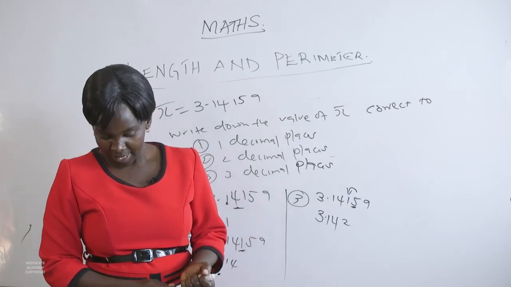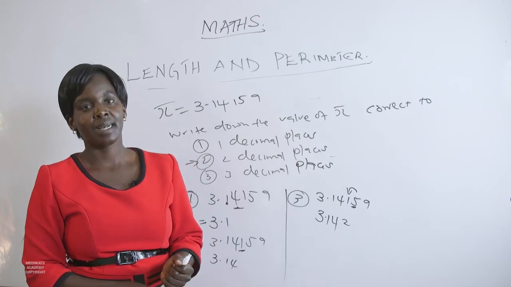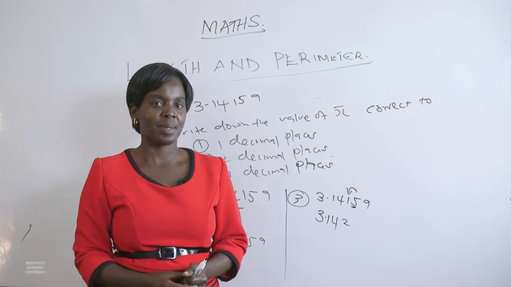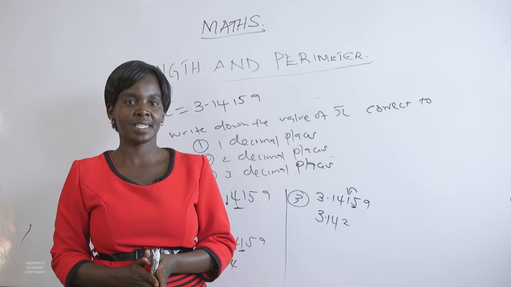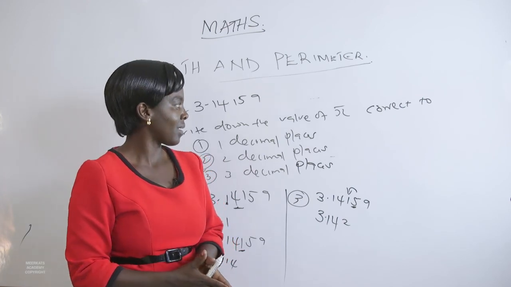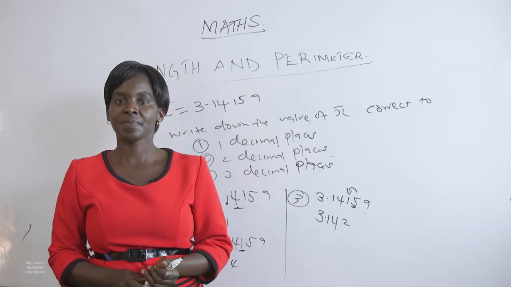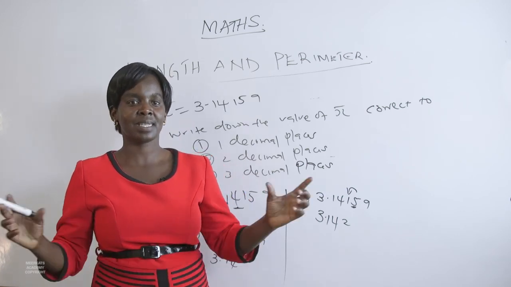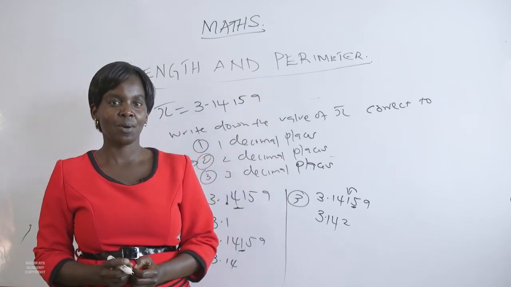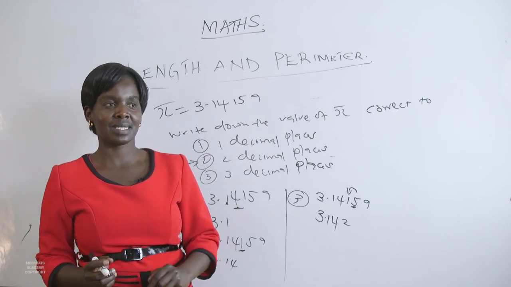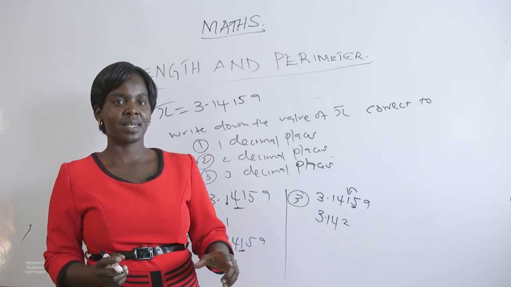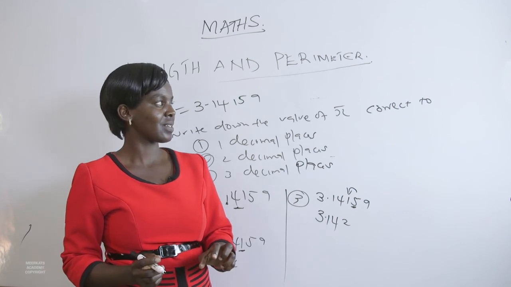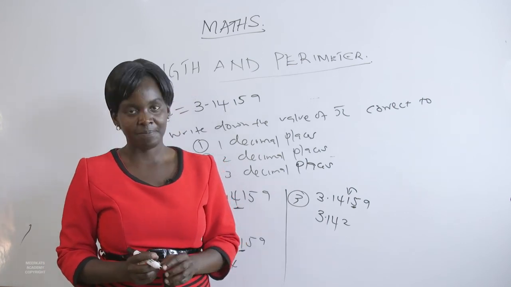So today we have learned about the length and the perimeter of different shapes and objects. Those are plane figures. We have learned that length refers to the distance between 2 points, while perimeter refers to the distance all round the outside of the figure.